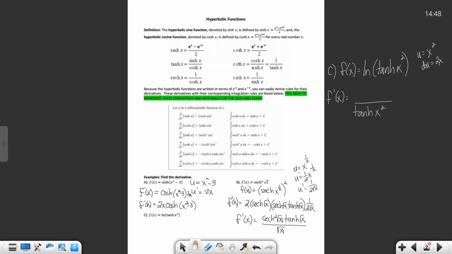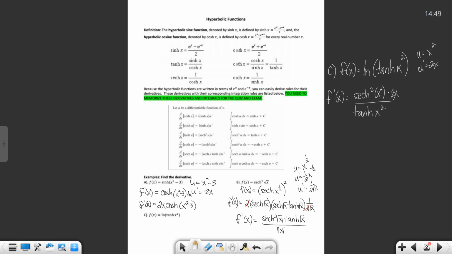The derivative of the hyperbolic tangent is hyperbolic secant squared of u times u prime. So we've got hyperbolic secant squared of u, which is x squared, times u prime, which is 2x. I should have written u prime here just to keep the notation the same, since we're doing derivatives.